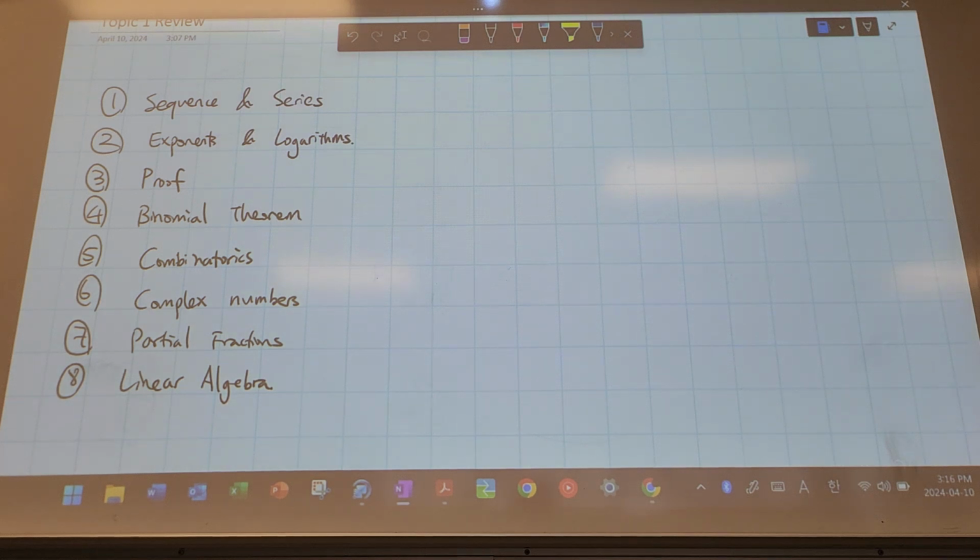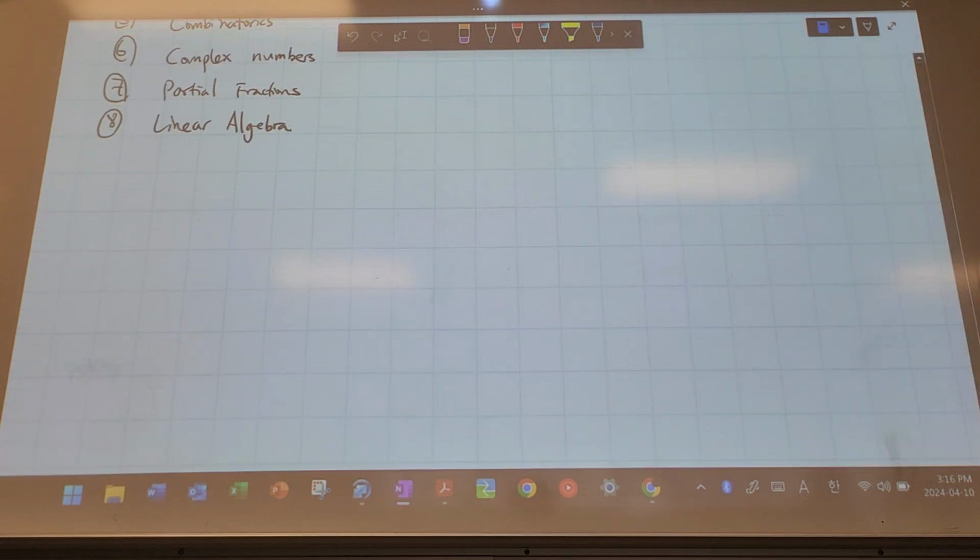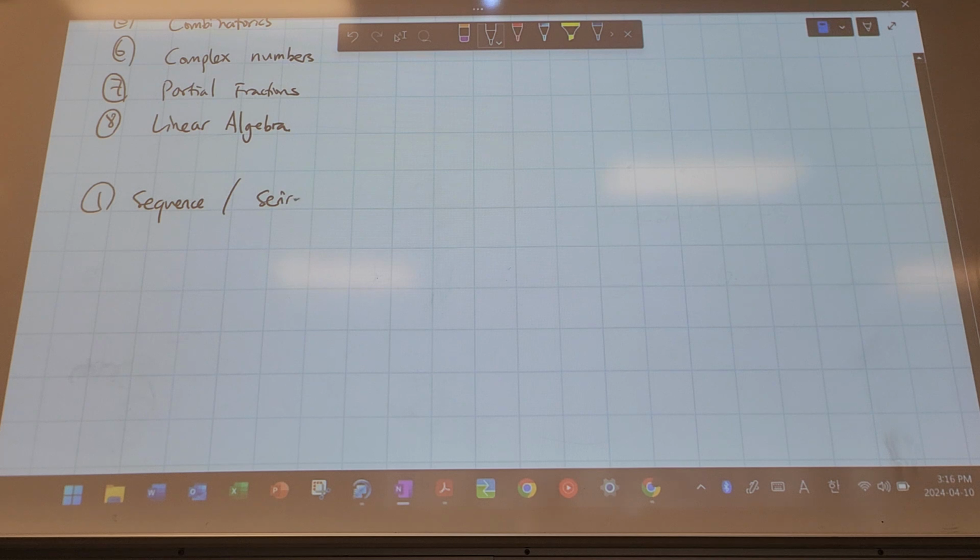Let's get started with the sequence and series, as they are the first ones to appear in our IB curriculum. When we talk about sequence and series, first of all, we have 2 types, right? We have the arithmetic part, and then we also have the geometric part.